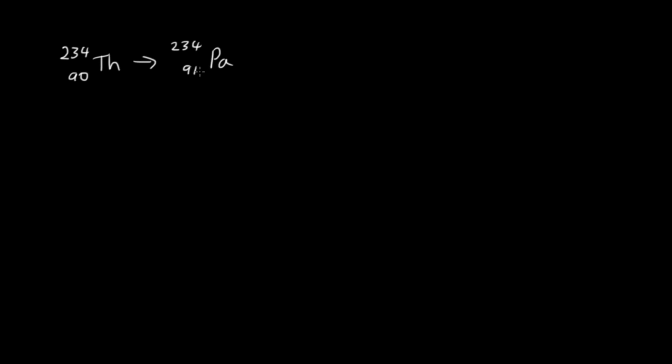In this case, we can see that the atomic number has increased, so we must be undergoing beta minus decay. We're producing an electron in this decay as a neutron is converted into a proton, and because we've got an electron produced, we also have an anti-electron neutrino produced.